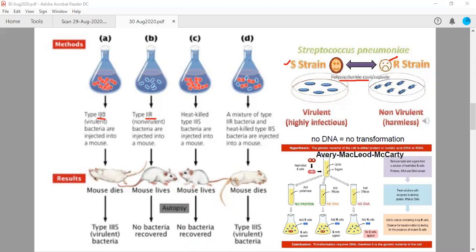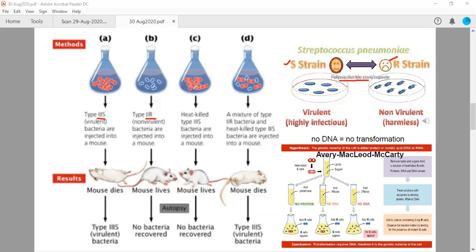So he took the two strains of bacteria: the smooth strain, 3S, and 2R, out of which 3S was virulent. When injected, the mice will die. 2R, if injected directly into the mice, they will survive because it has a non-virulent phenotype.